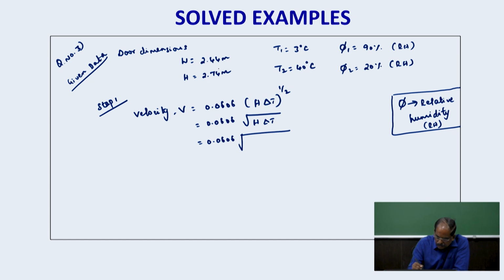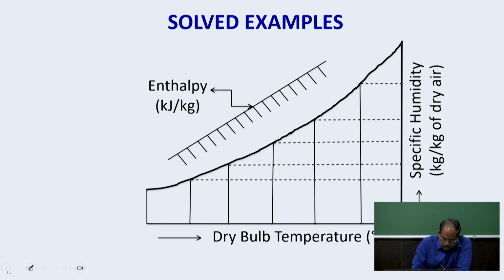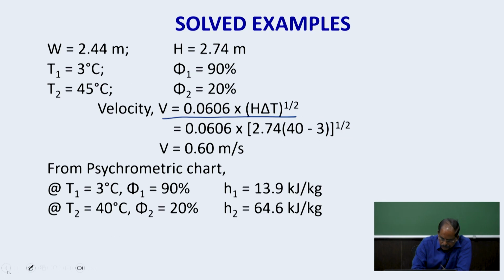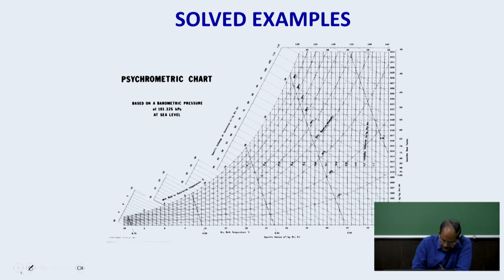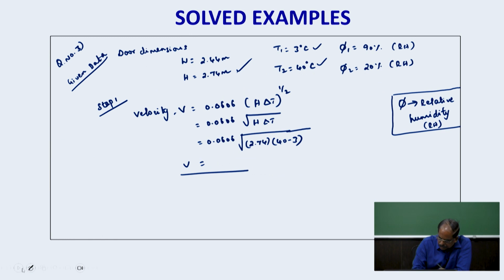It is given 2.74 into delta T, which is 40 minus 3. So the velocity comes to 0.6 meter per second.